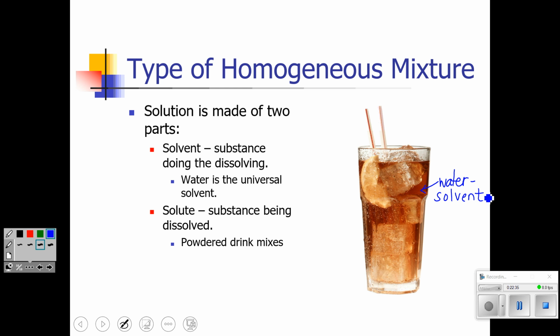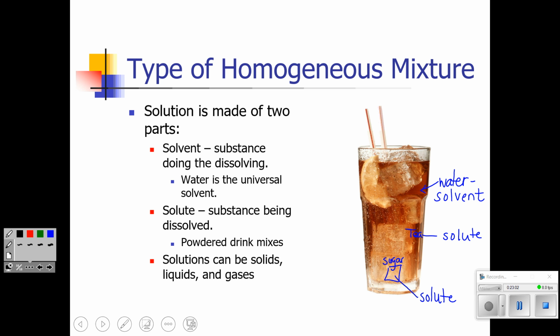Let's say you put a cube of sugar in here. That sugar is the solute. The tea in here that dissolved is also a solute. So what is being dissolved inside a solution is the solute. What's doing the dissolving is the solvent.